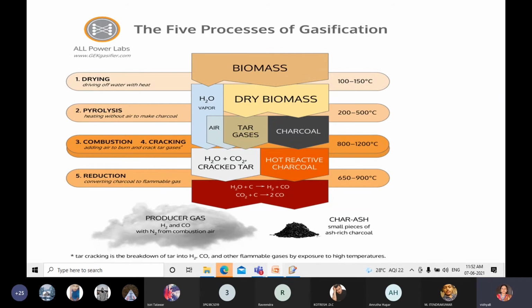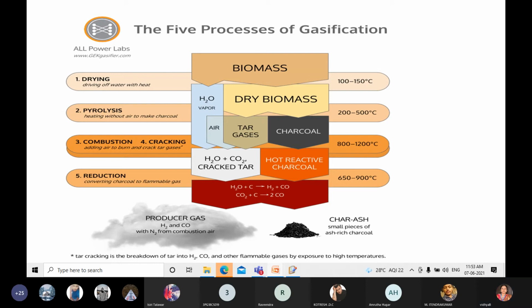So carbon dioxide gas reacts with carbon in the fuel and forms flammable carbon monoxide gas. This reaction we call an endothermic reaction, and it occurs at a temperature of about 1000 degrees Celsius. Okay, when it exceeds 1000 degrees Celsius, this reaction takes place.